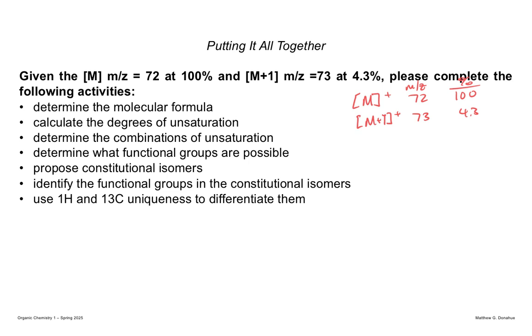When you look at this data, there's your parent, and notice now it's saying parent plus 1. The parent has a mass of 72, parent plus 1 is 73. At 72, that's 100% abundant. Parent plus 1 at 73, that's 4.3.